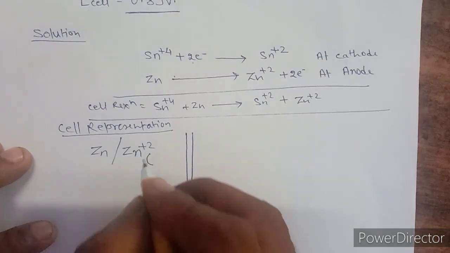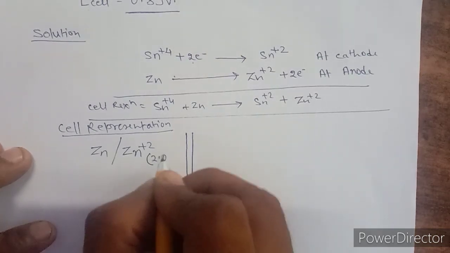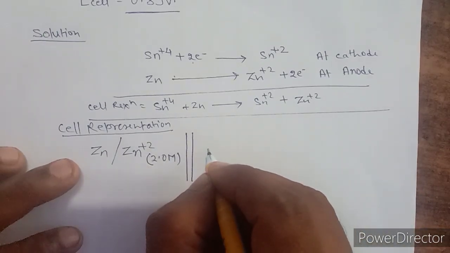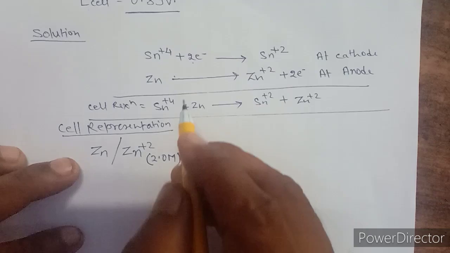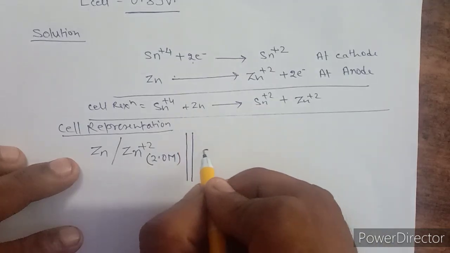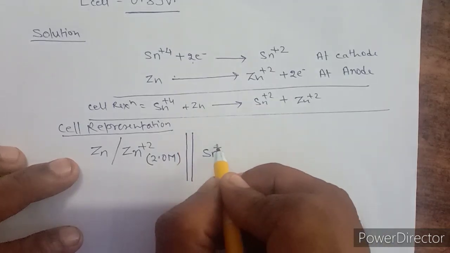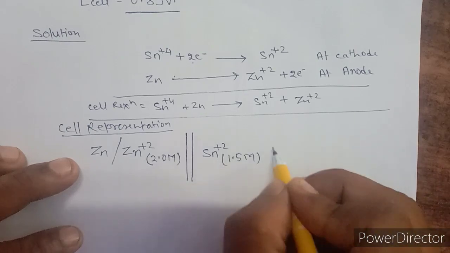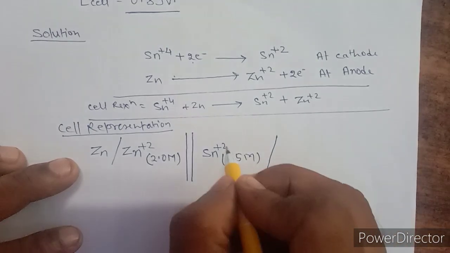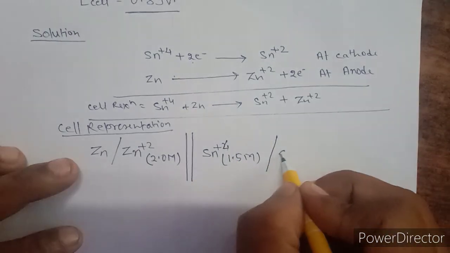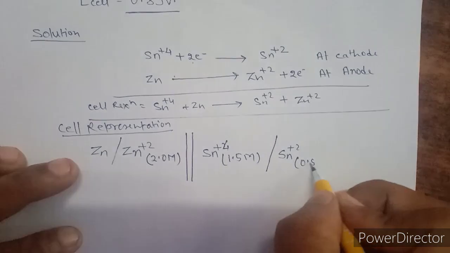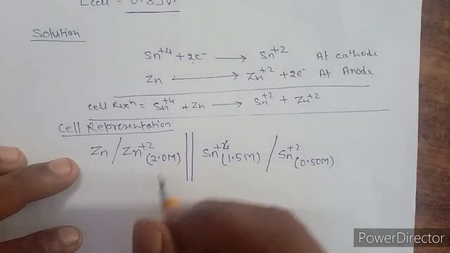You write here concentration 2.0 molar. In the reduction half cell you write Sn+4 with the concentration 1.5 molar oblique Sn+2 concentration 0.50 molar.